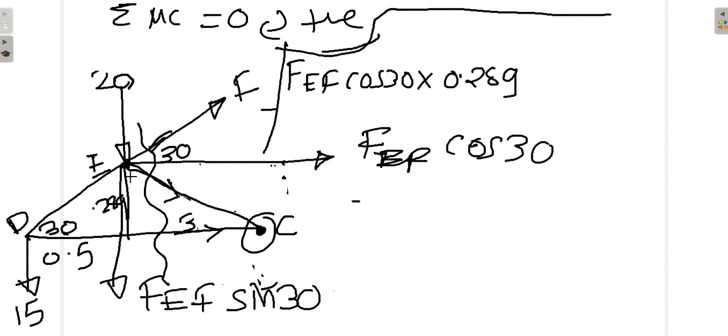FEF sin 30 will be anti-clockwise, so it will have a negative moment, multiplied by 0.5.